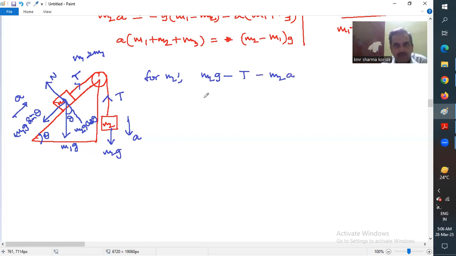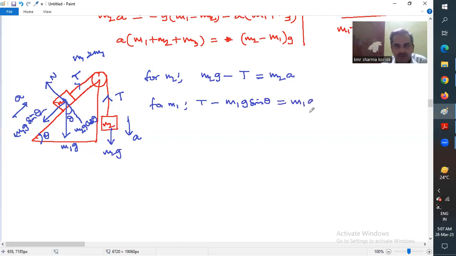Next, for M1, tension is the reason, but it is opposed by M1G sin theta. Of course, if there is a friction case, you can extend that also. We'll discuss that in detail in the chapter on friction. So T minus M1G sin theta is equal to M1A.